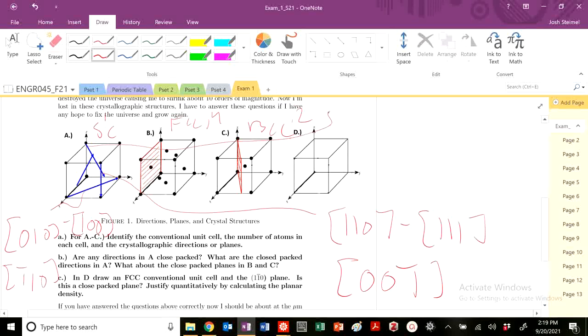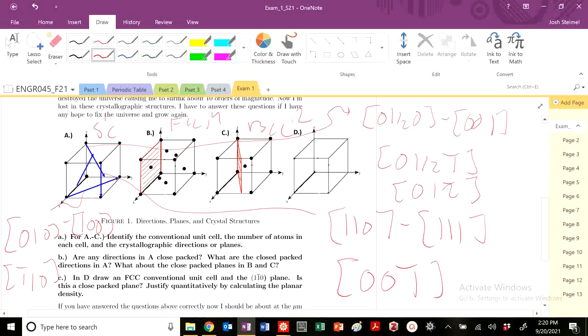What about over here? Let's go ahead and draw. Our finish point is going to be 0, 1 half, 0, and our starting point is 0, 0, 1. So we're left with 0, 1, minus 1 half, which is going to become 0, 2, minus 1. There we go.